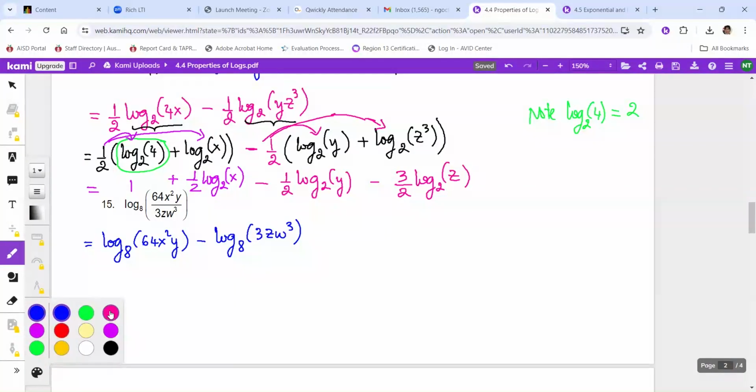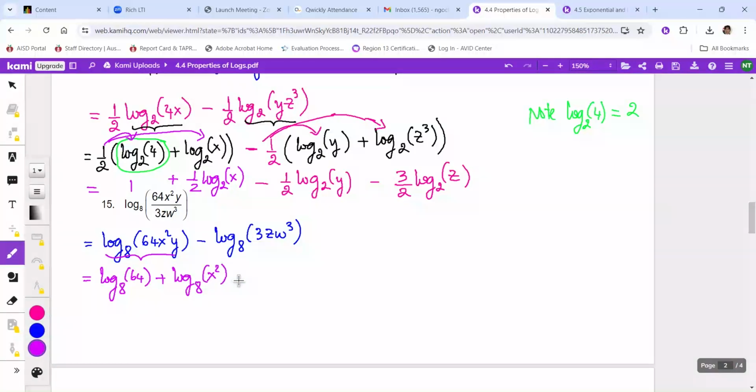Next, we are going to use the power property. So we do log base A of 64 plus log base A of x squared plus log base A of y.